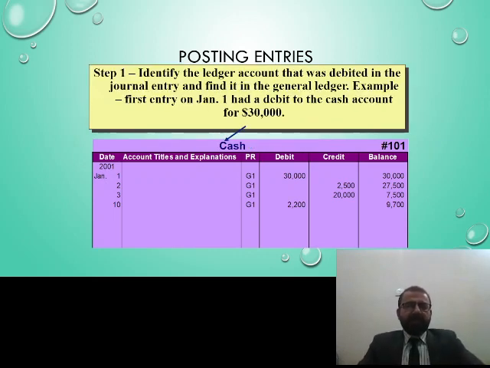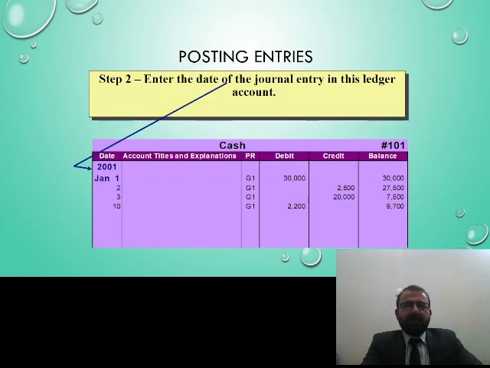Posting entries. Step 1. Identify the ledger account that was debited in the journal entry and find it in the general ledger. Example: the first entry on January 1 had a debit to the cash account for $30,000. Step 2. Enter the date of the journal entry in this ledger account.